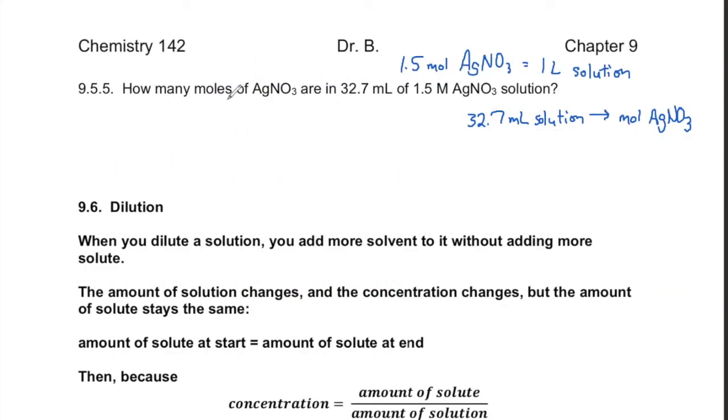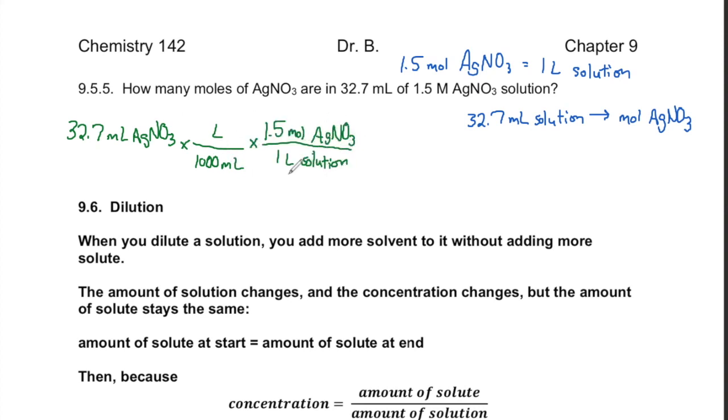All right, the last problem here, we are trying to convert 32.7 milliliters of solution into moles of silver nitrate. We want to know how many moles of silver nitrate this is. So first we can convert milliliters to liters. Then we can use the molarity concentration to convert from liters to moles.